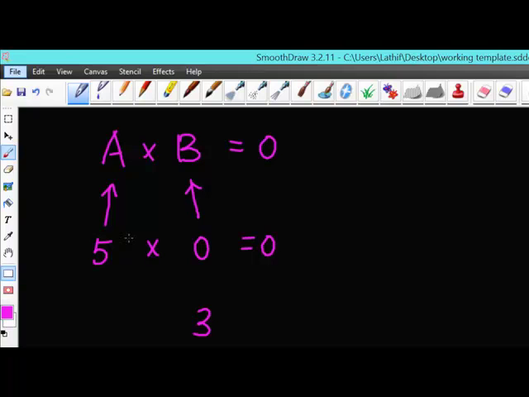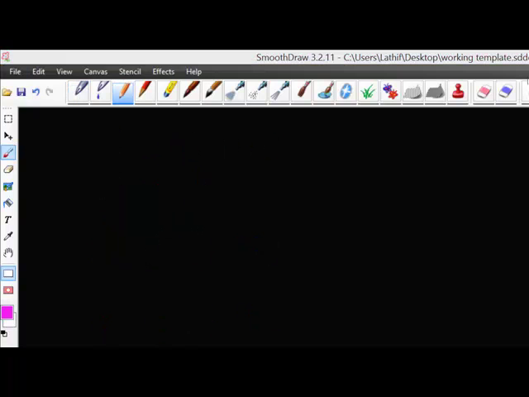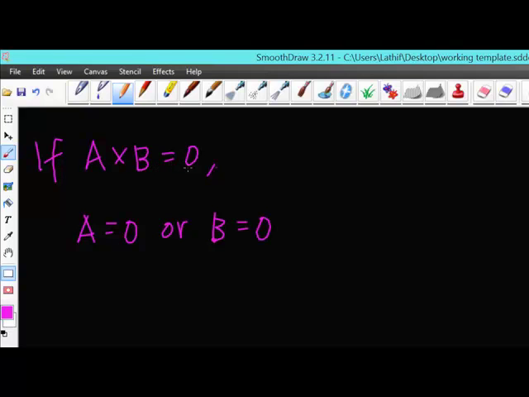What should the value of a be such that multiplied by 3 gives you 0? And all of you will also agree, 0 multiplied by 3 gives me 0. From the values that we have tried out for a and b, what can we say in summary for the zero product rule? So if a multiplied by b gives me 0, we can safely say a is equal to 0 or b is equal to 0.